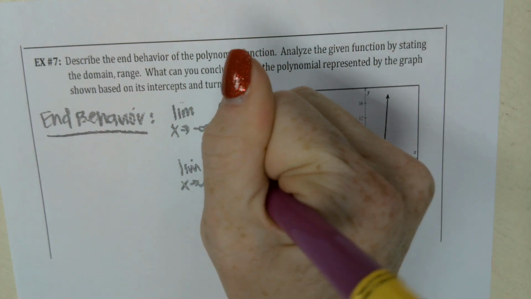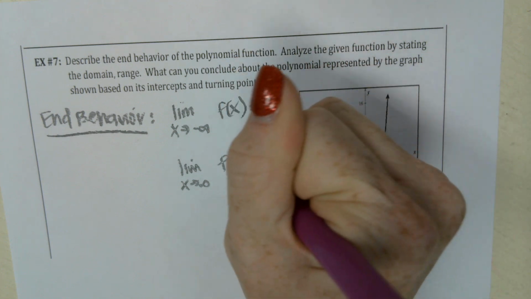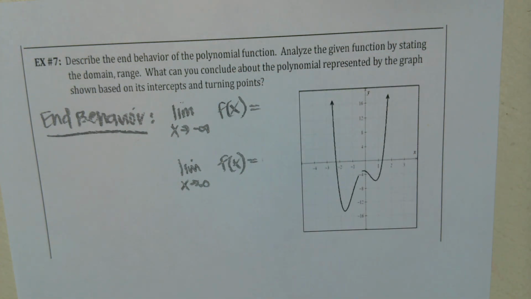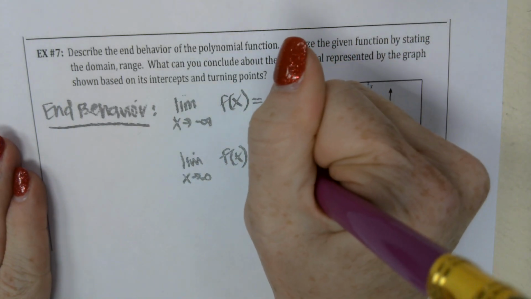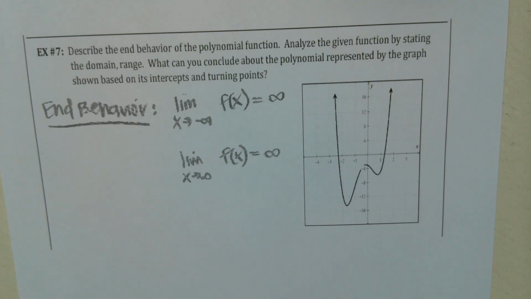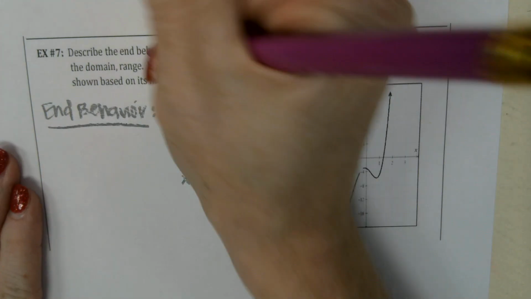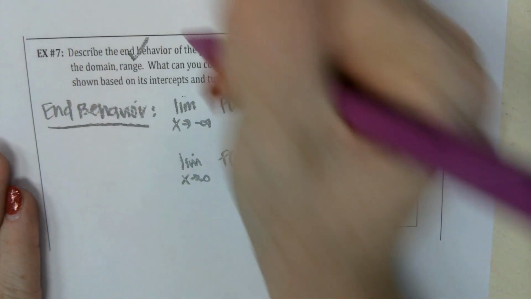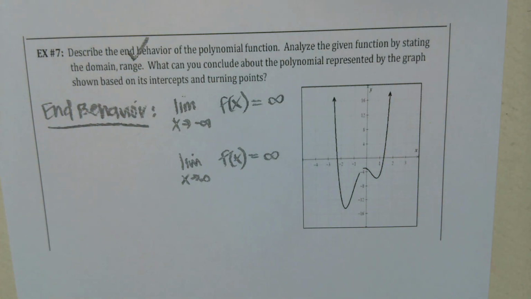It wasn't really given a name, but I'm going to give it that name. What are my tails doing on the left and right? They're both pointing up. So both of these are approaching positive infinity. I have done the end behavior part, so I'm going to check that off.